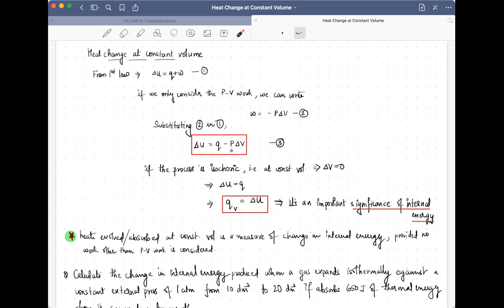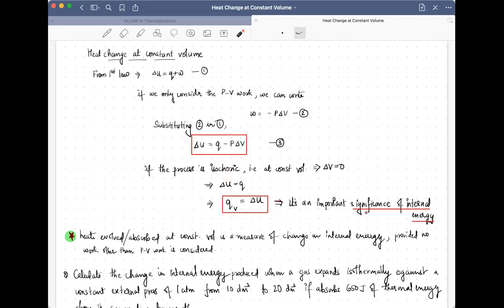So equation 3 will reduce because this term will vanish, giving delta U equals Q. In other words, Q_V is equal to delta U. I have used the subscript V to indicate that this is the heat change happening at constant volume, that is, an isochoric process.